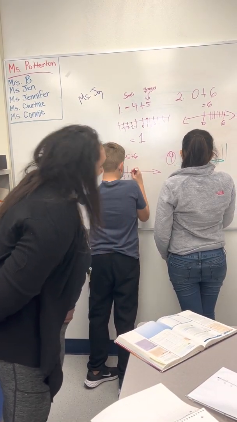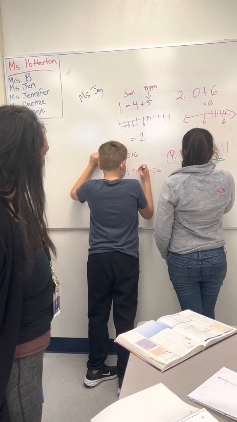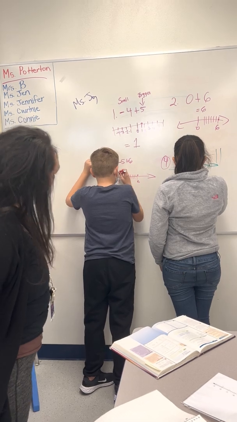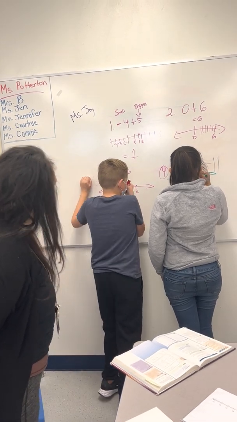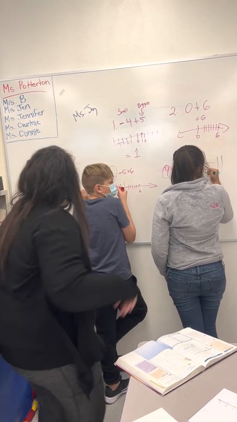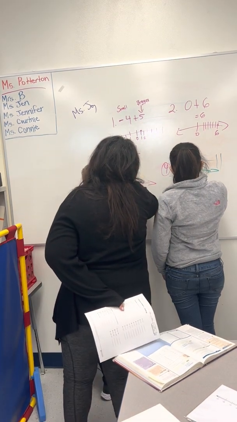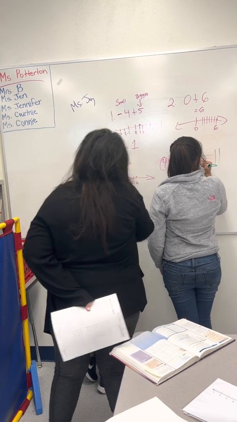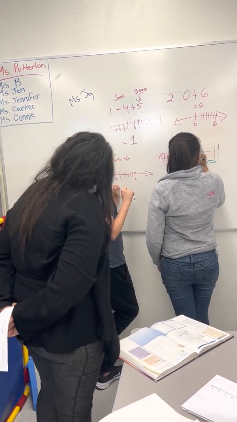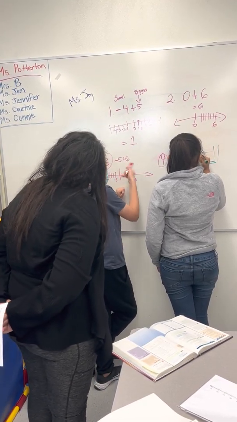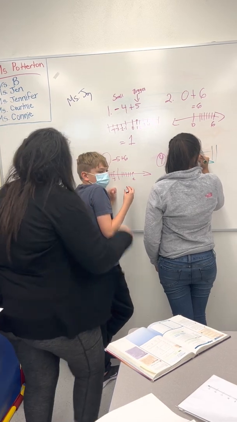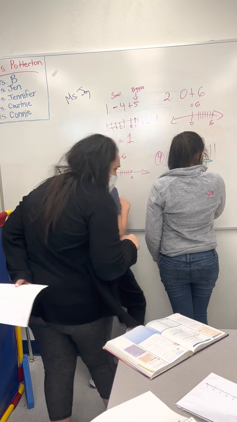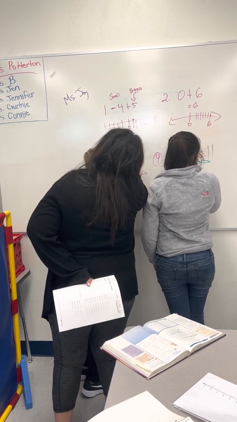See how to do these. I don't know. What do you have to do? Okay, it's gonna be minus. So negative 5 plus 6 is what? Wouldn't it be the opposite, like 5 minus 6? Okay, think about this. What's 5 minus 6?